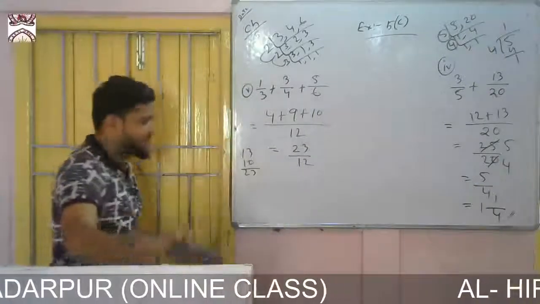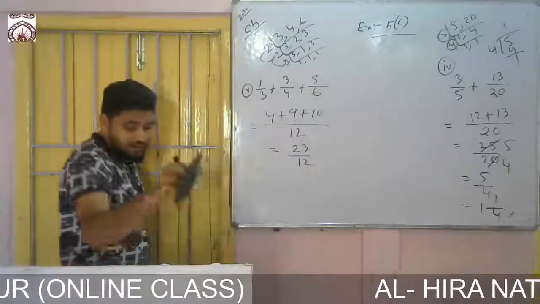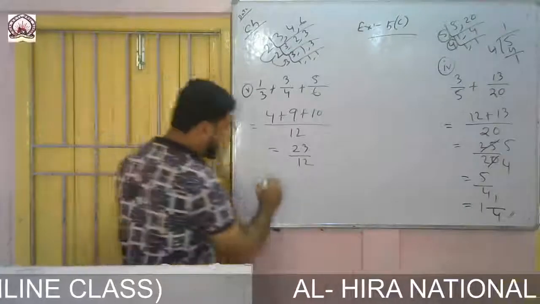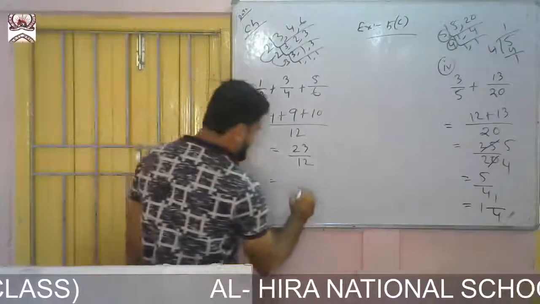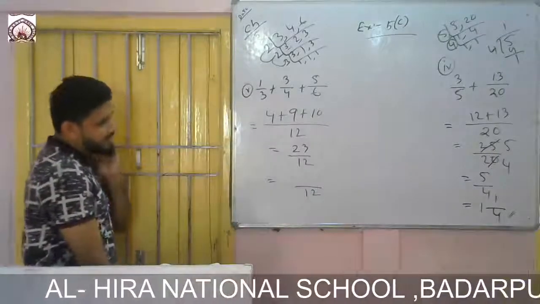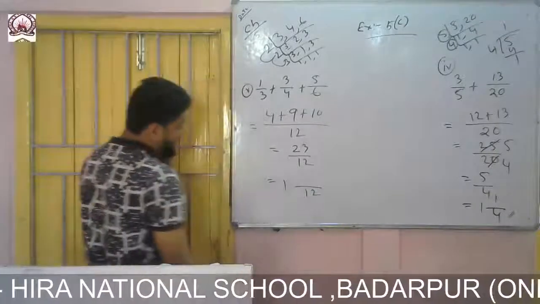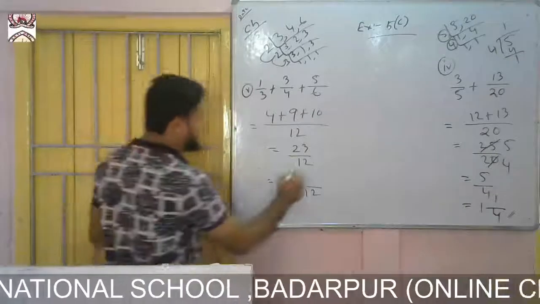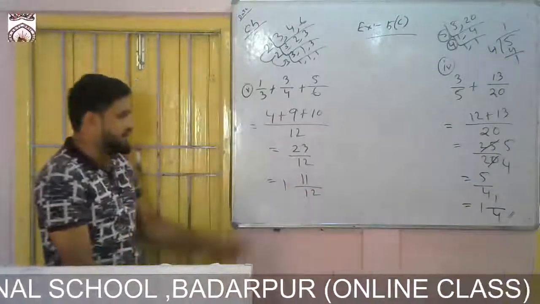So it is an improper fraction, so I shall take it to a mixed fraction. So if I divide, 12 1s are 12, 12 2s are 24, so 12 1s are 12. So remain 11. The remainder you write here. How?